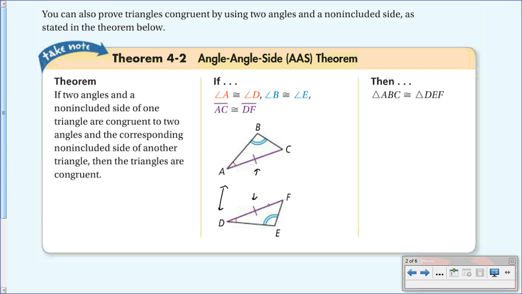So you would not have enough information to prove these two triangles congruent. Since in this case it is the same non-included side, both these triangles are congruent. Important thing, it has to be the same non-included side. An easy way to tell, make sure it touches the same angle in both triangles.